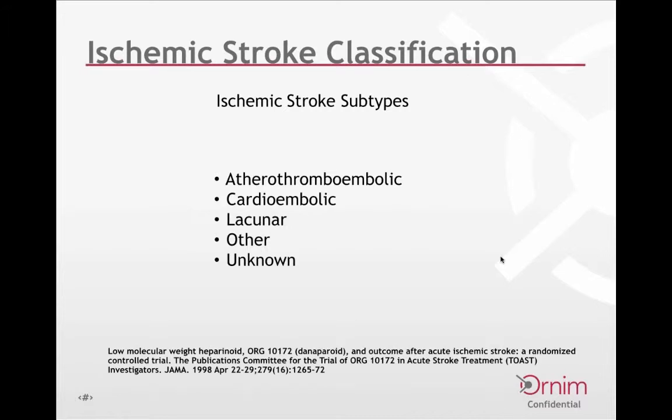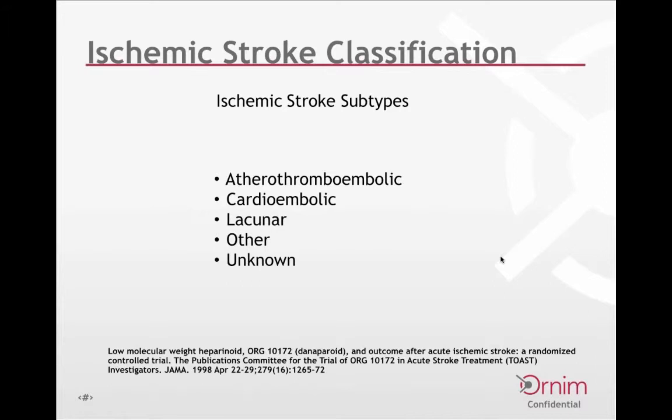Other is a useful category in that it really points to the idea that there are some rarer types of stroke syndromes or etiologies, such as hypercoagulable states, autoimmune-related issues, and the like that can lead to more rare types of stroke.